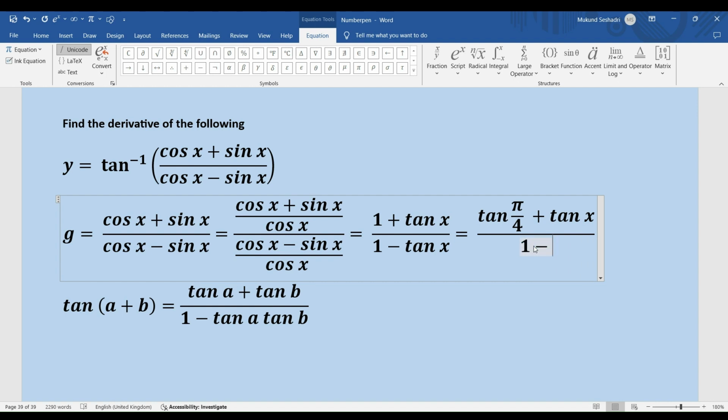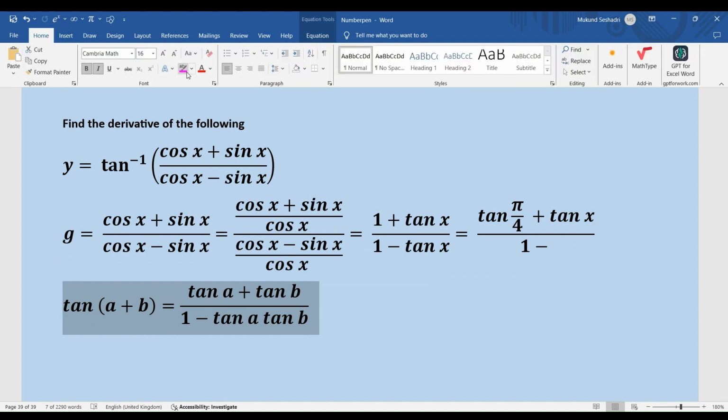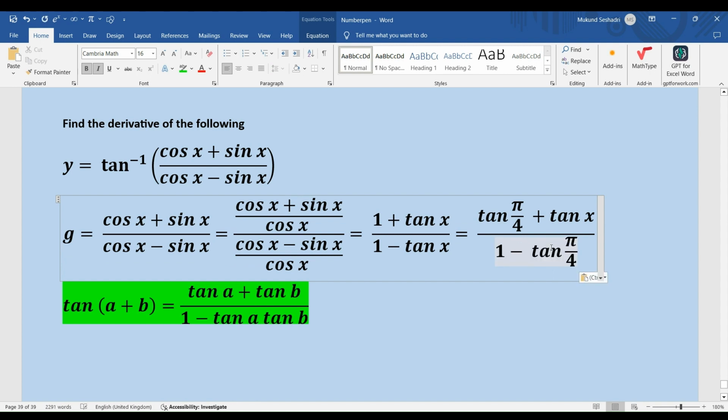And folks, I want you to draw a parallel to this particular formula I've written down here: tan A plus tan B, the whole divided by 1 minus tan A tan B. Let me highlight it in green. I'm trying to bring this expression to this tan of a plus b format, right? And will I be able to do that? The answer is yes. Why is that? Because my tan pi by 4 is 1.